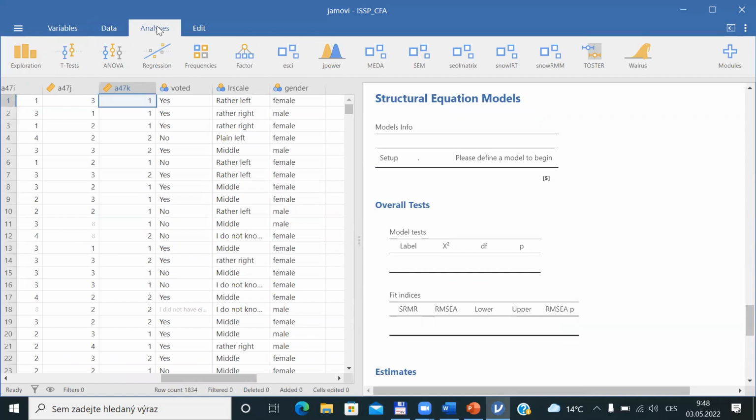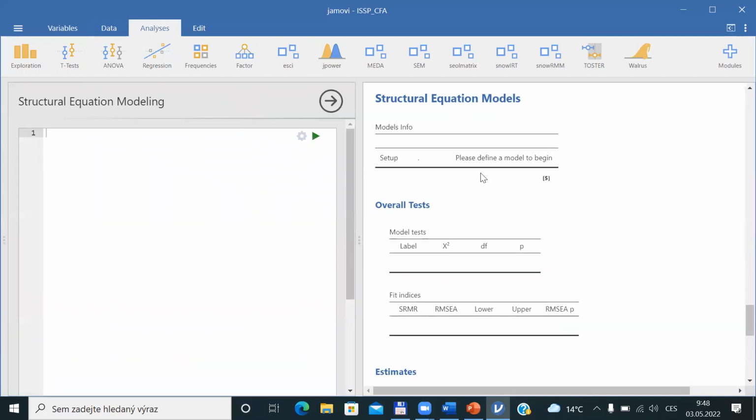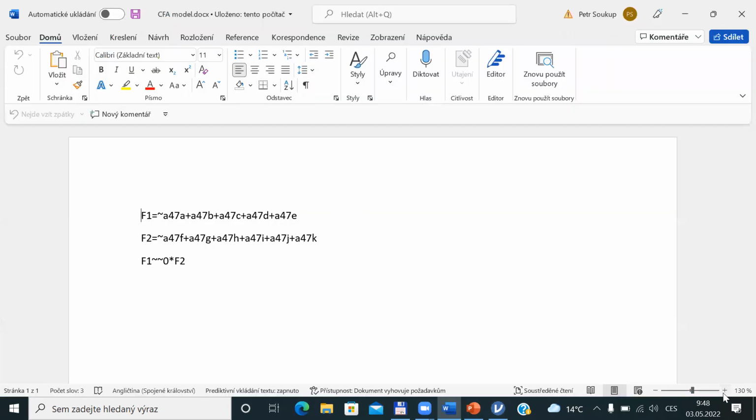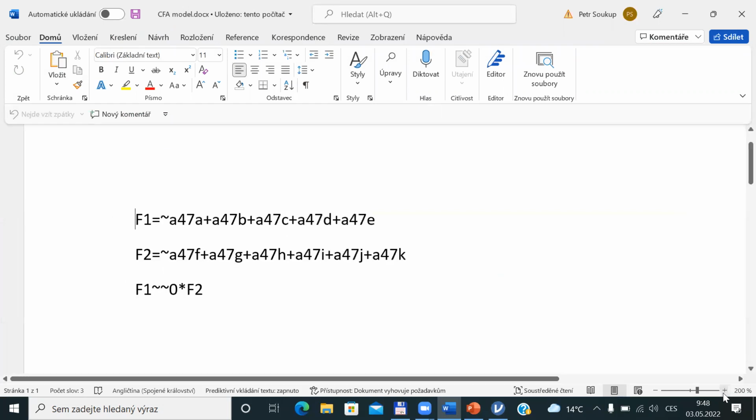The next step is that we need to describe the model, so to set up equations or syntax for this model. First of all, I will show you how we should prepare this model by writing, then I will share it.